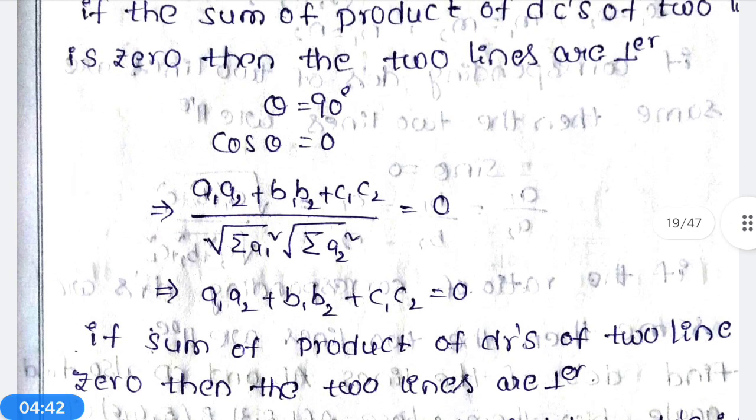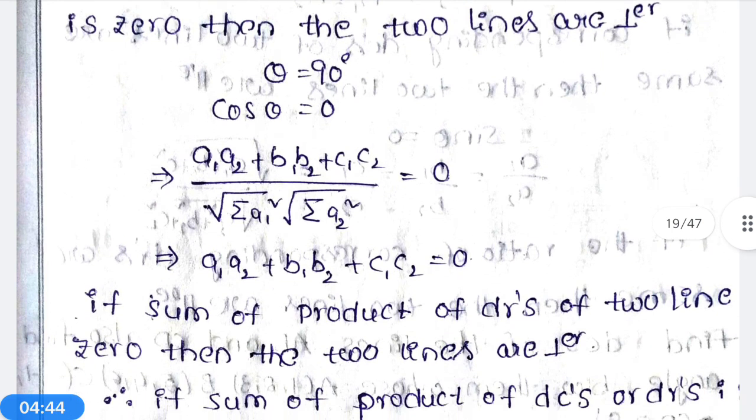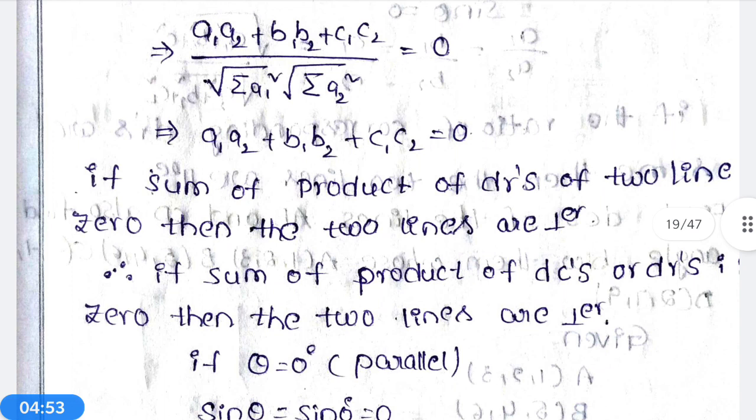In terms of DRs also, if the sum of the products of corresponding DRs of 2 lines is 0, then the 2 lines are perpendicular. Therefore, the condition for 2 lines to be perpendicular in terms of DCs and DRs is the same.